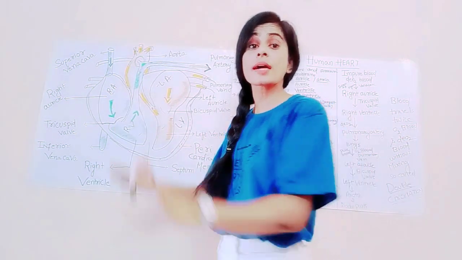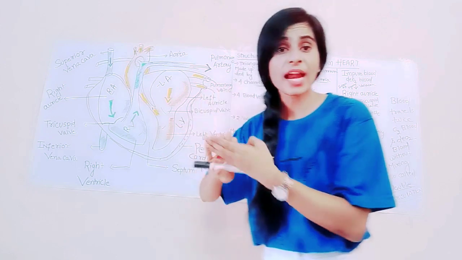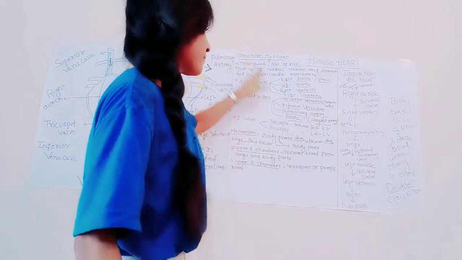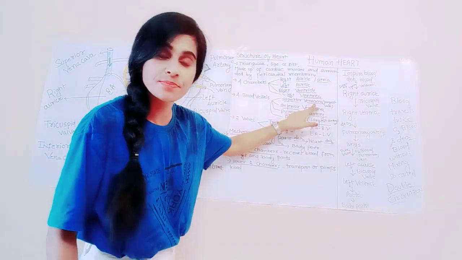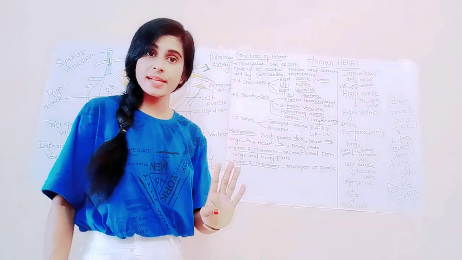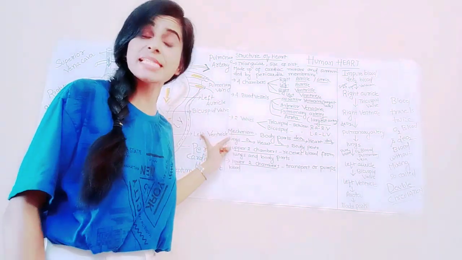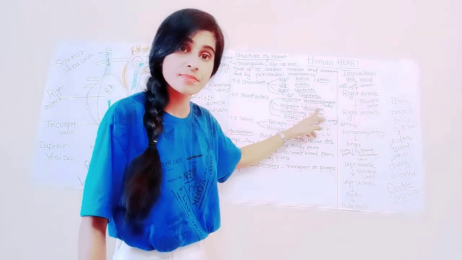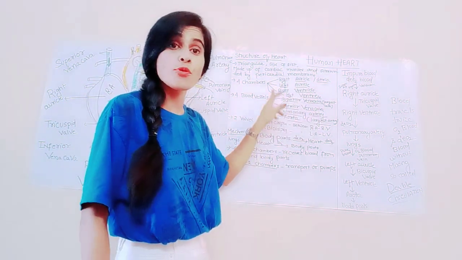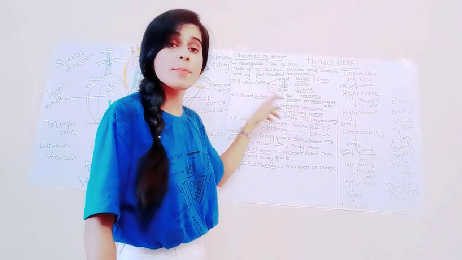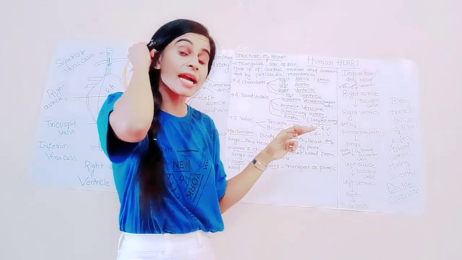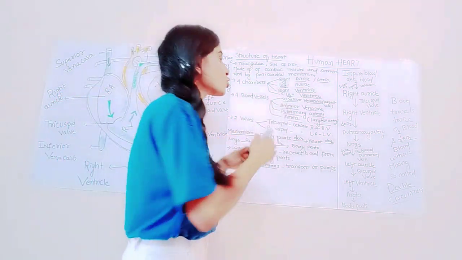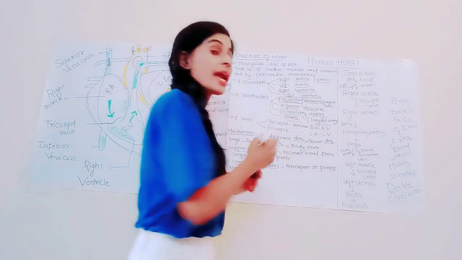Here also come 4 types of blood vessels. The 4 blood vessels which take part in the working mechanism of the heart are, first one, superior vena cava.